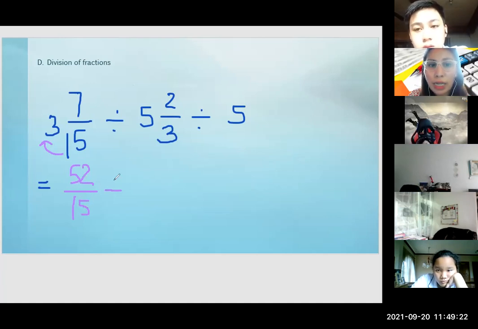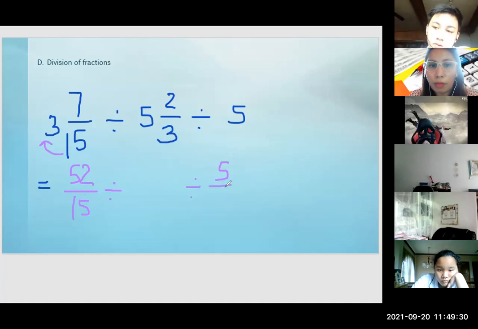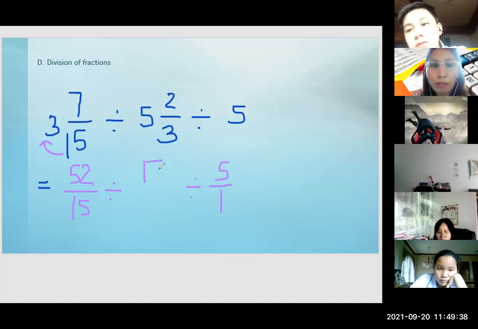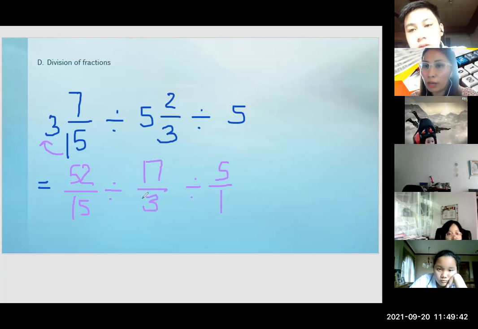Do not change the division operation first. This one: 3 times 5, it's 15 plus 2, 17. 17 over 3.